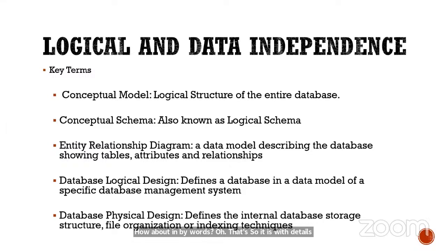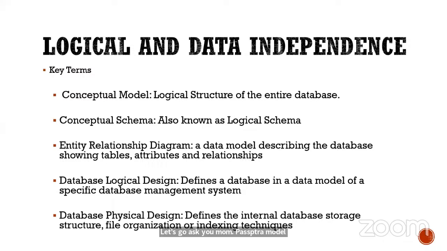Now, key concepts when it comes to logical and data independence, you have to avail yourself of these terms. When you hear conceptual model, it means the logical structure of the database. If you hear conceptual schema, it's called a logical schema, a description of a conceptual model.